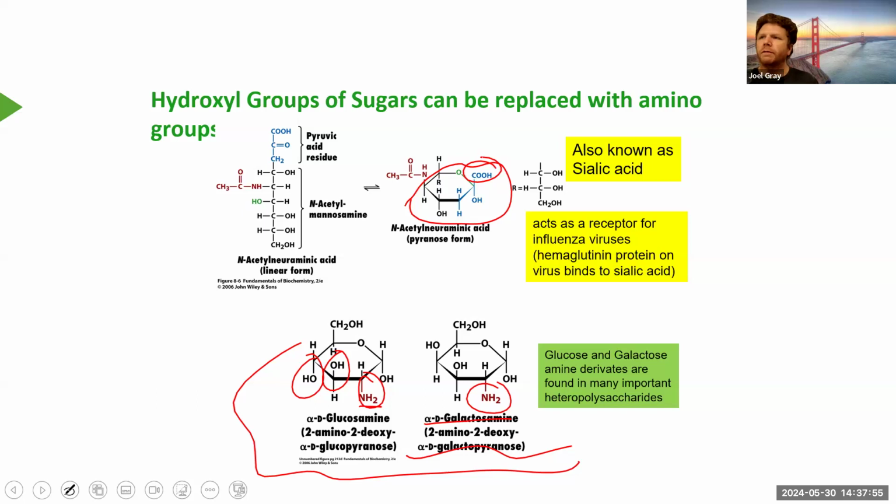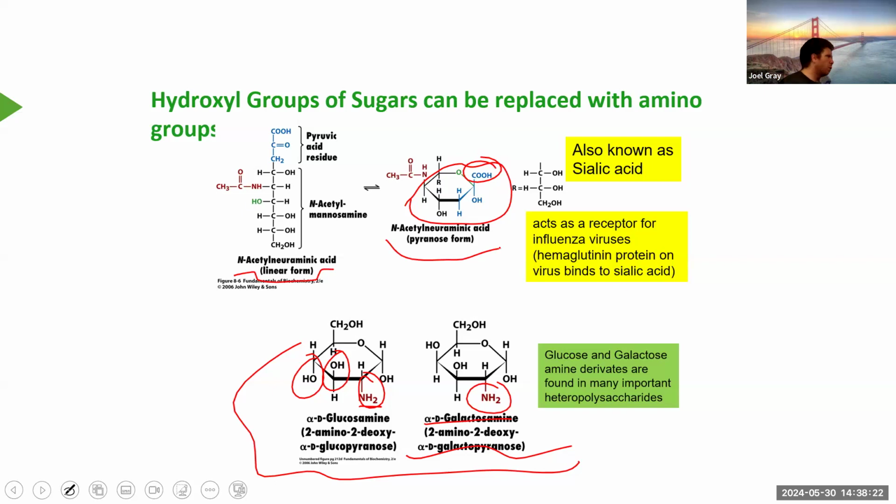We also have this N-acetylneuraminic acid, the linear form of this molecule, which is going to cyclize to form this pyranose form of this molecule. Now, this is a molecule that acts as a receptor for influenza viruses. The hemagglutinin protein on the virus is going to bind to this sialic acid.